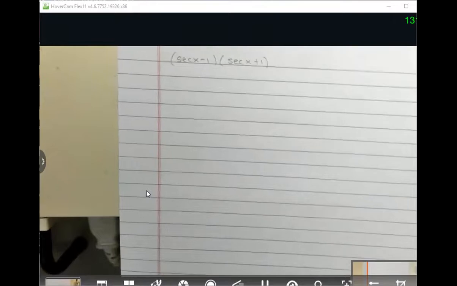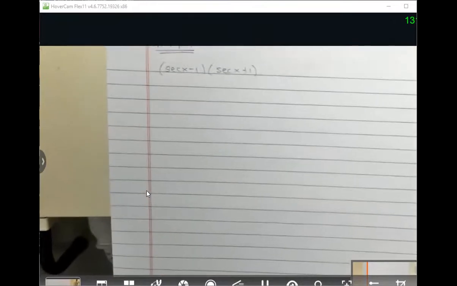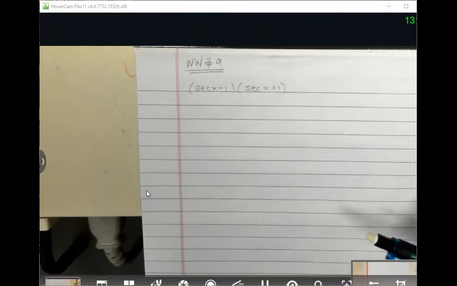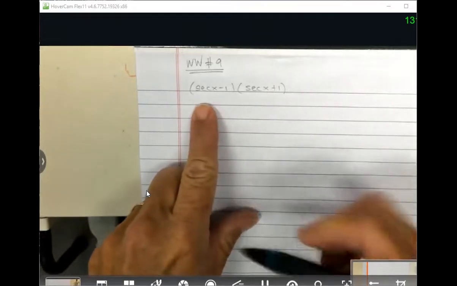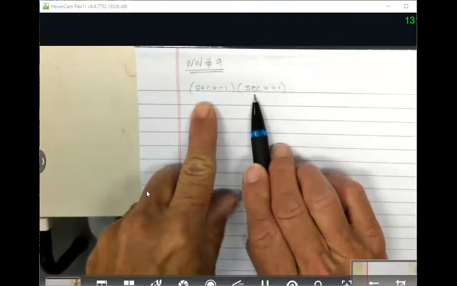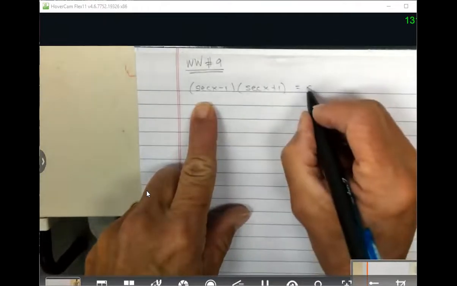We're supposed to simplify this. Bigger table here. There we go. Secant of x minus 1 times the secant of x plus 1. Now our trig identities have squares in them. So I'm going to multiply this out and see if I get anything. I'm going to take the first 2 and multiply them together. Secant times secant will give me a secant squared.